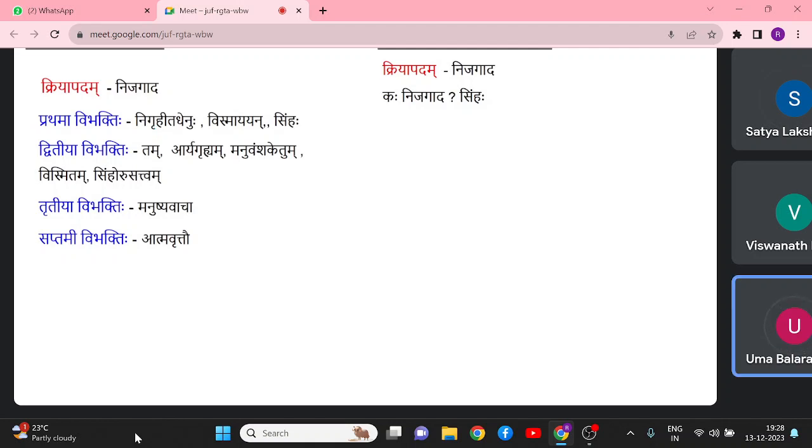Nigruhita Denuhu. And one more we have. Vismayayan. Punaha. Vismayayan. Sorry. So the Simha is making Dilipa surprised. So the Karta here is Simha only. So Simha Vismayayan is for Simha. So Punakidrisha Simha? Vismayayan Simha.